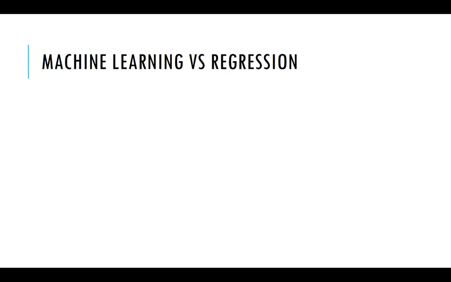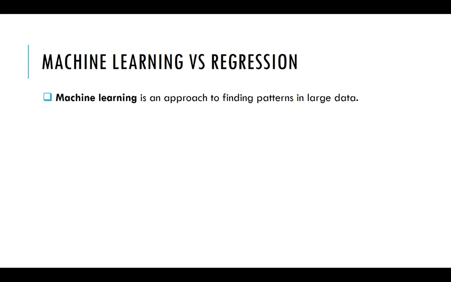Now, some of you might have had a class on machine learning, or maybe you were exposed to machine learning at some point in your undergraduate career. Machine learning is an approach to finding patterns in large data, and it can be very valuable, but it's not the same thing as regression, and I want to make sure you understand the distinction.